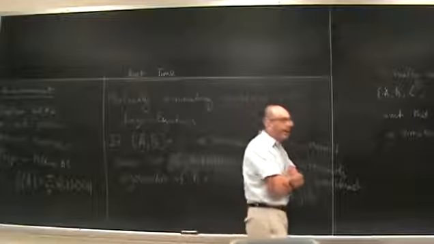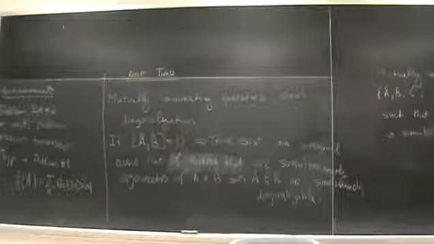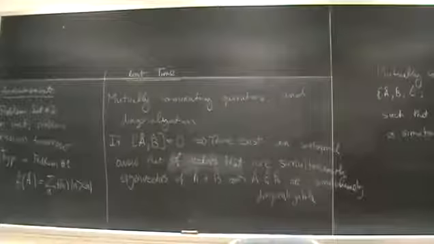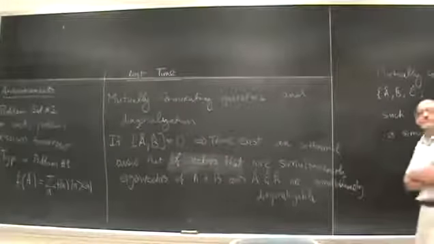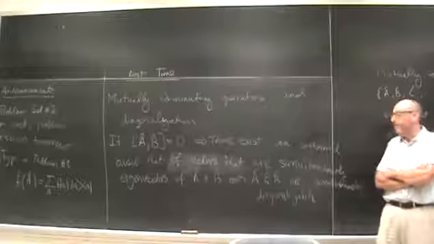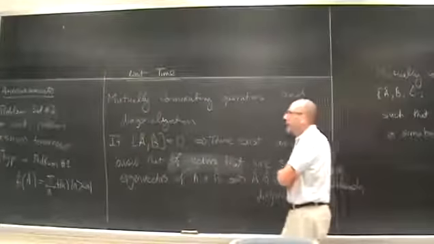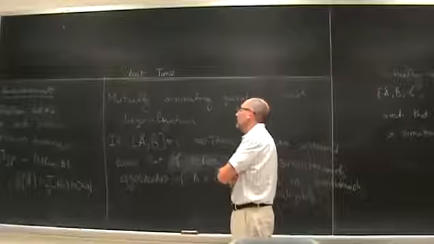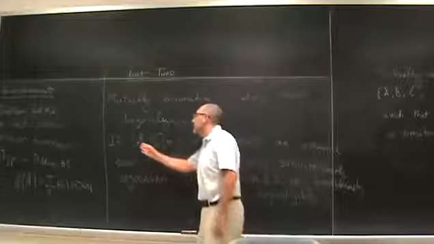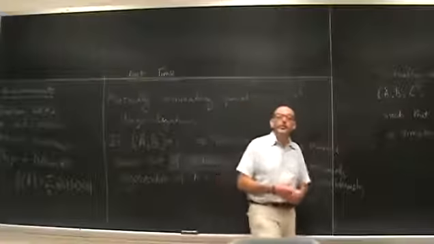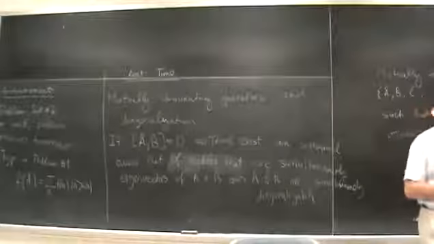That is to say, those two operators are simultaneously diagonalizable. That's to say there is a common basis such that a representation of these two operators in that basis will be diagonal.